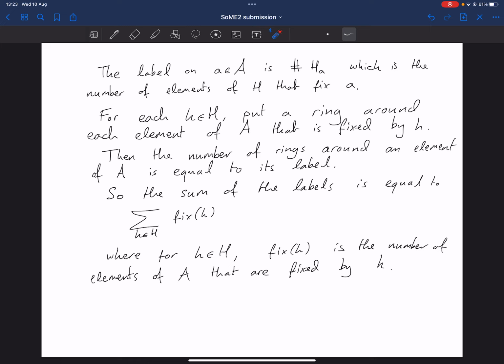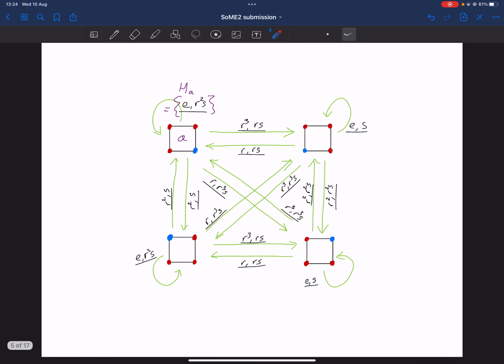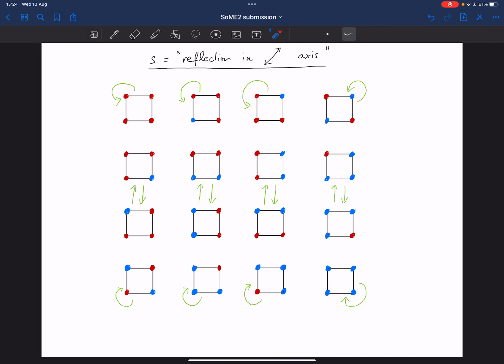So we are now going to count this quantity in a different way. We are going to go through the elements of our subgroup H and focus on which elements of A are fixed by that element. So just to be clear, that looks like this, where we have this arrow sending a colouring back to itself.